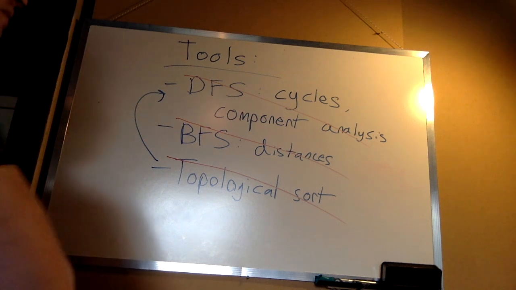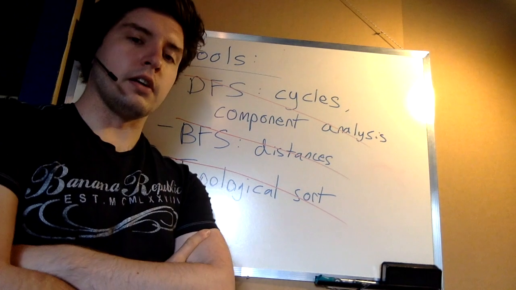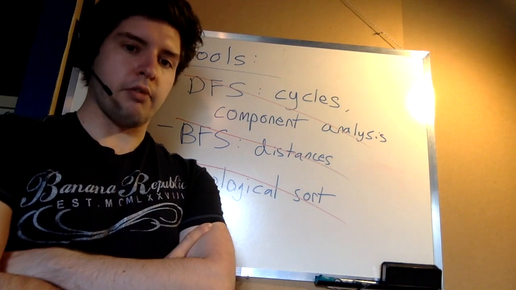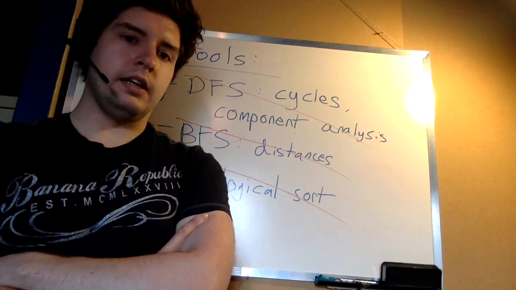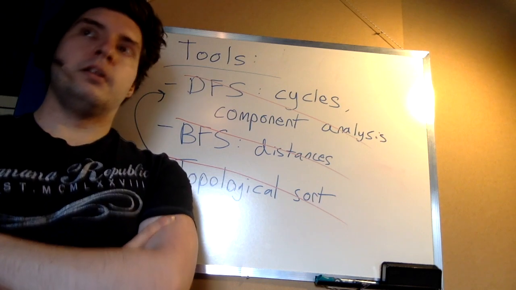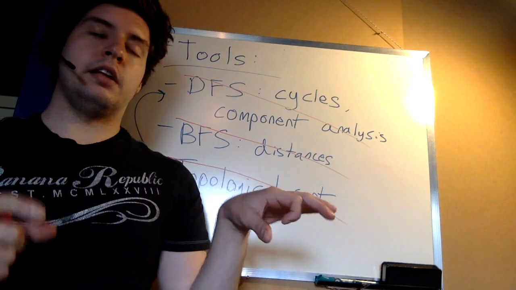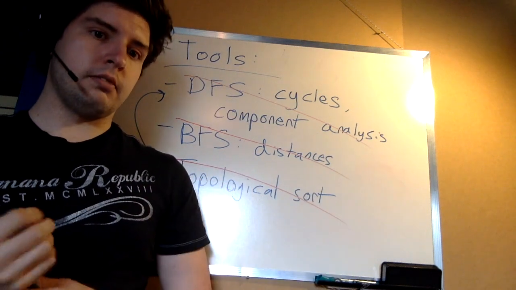So whenever we see an exponent on an input size, what do we think of? Generally what it means is that for every input, for every datum, we're looking at every other datum.